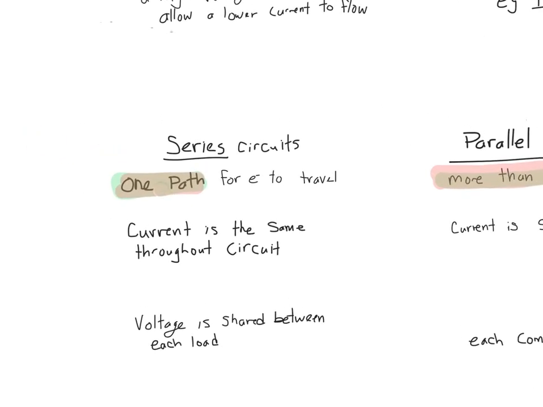the current, remember current is I, is the same throughout. So the total current is equal to the current at any given point on the circuit.